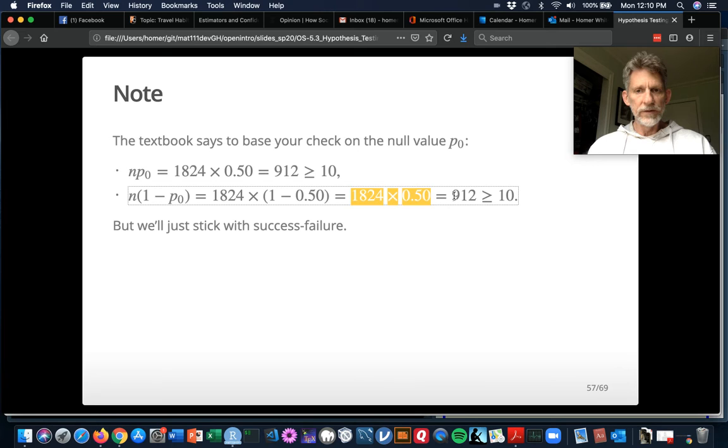Again, that is bigger than 10. There's good arguments to be made for both approaches, working with the null value versus working with the observed successes and failures. We're just going to stick with the success failure condition as we learned it earlier. I'm not going to require you to switch over to this method just because we're dealing with a hypothesis test now.